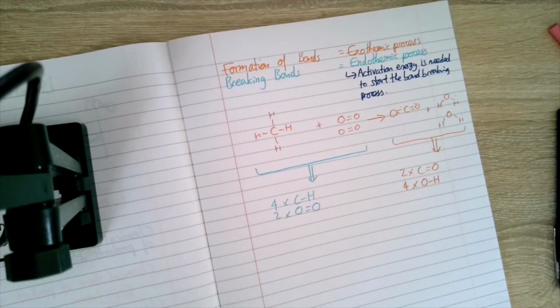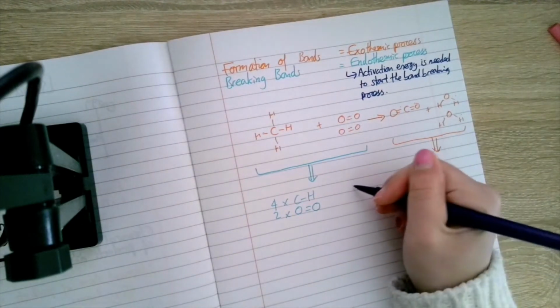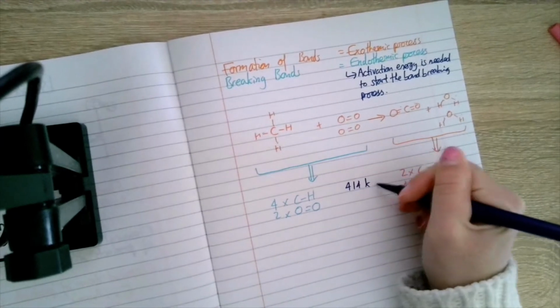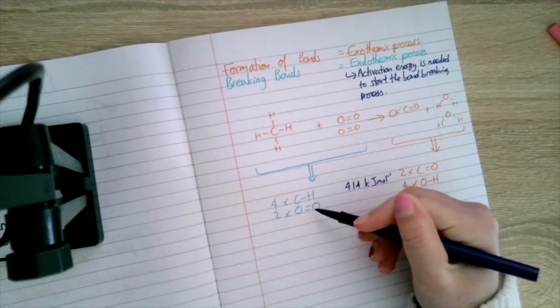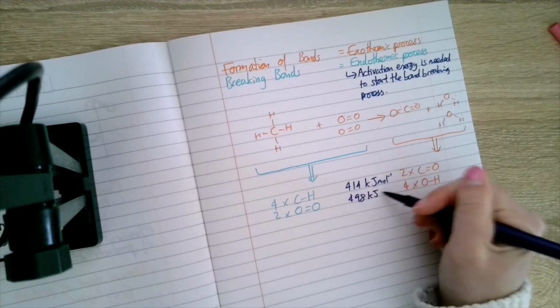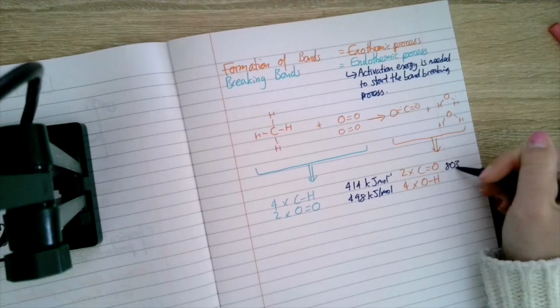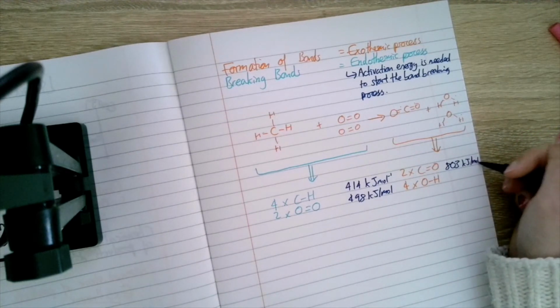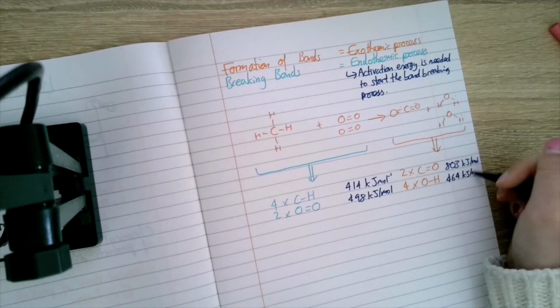So reading off the table that was in the question, our bond energy for CH is 414 kilojoules per mole, and our O2 is 498, and our CO is 803, and our OH is 464 kilojoules per mole.